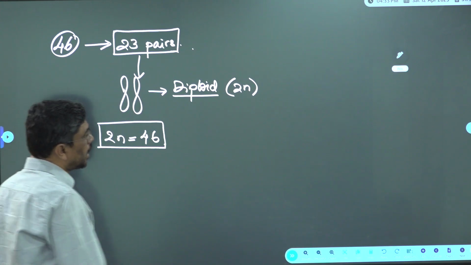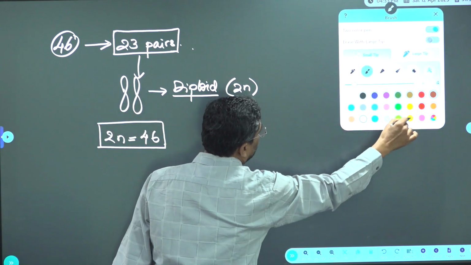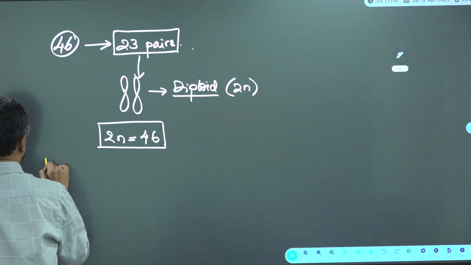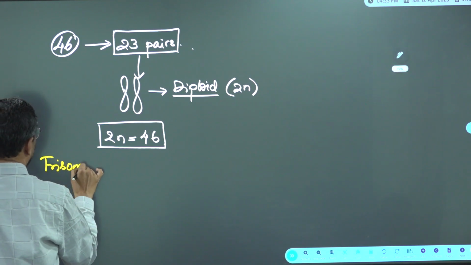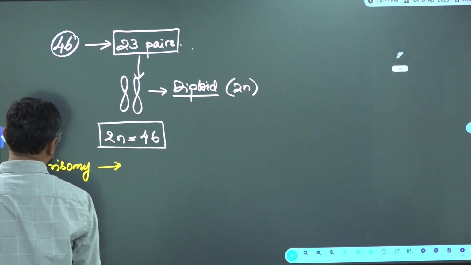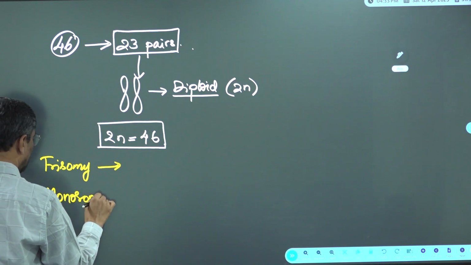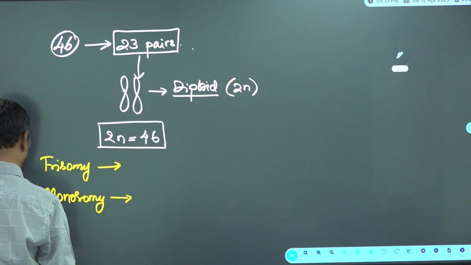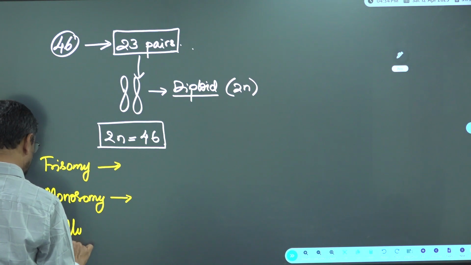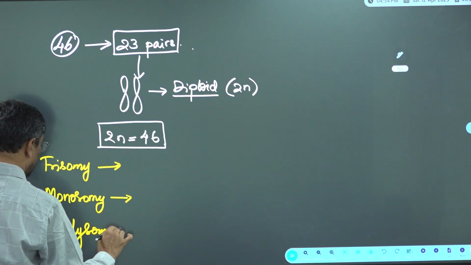Okay. And next, trisomy. You remember these terminologies: trisomy, monosomy, nullisomy.